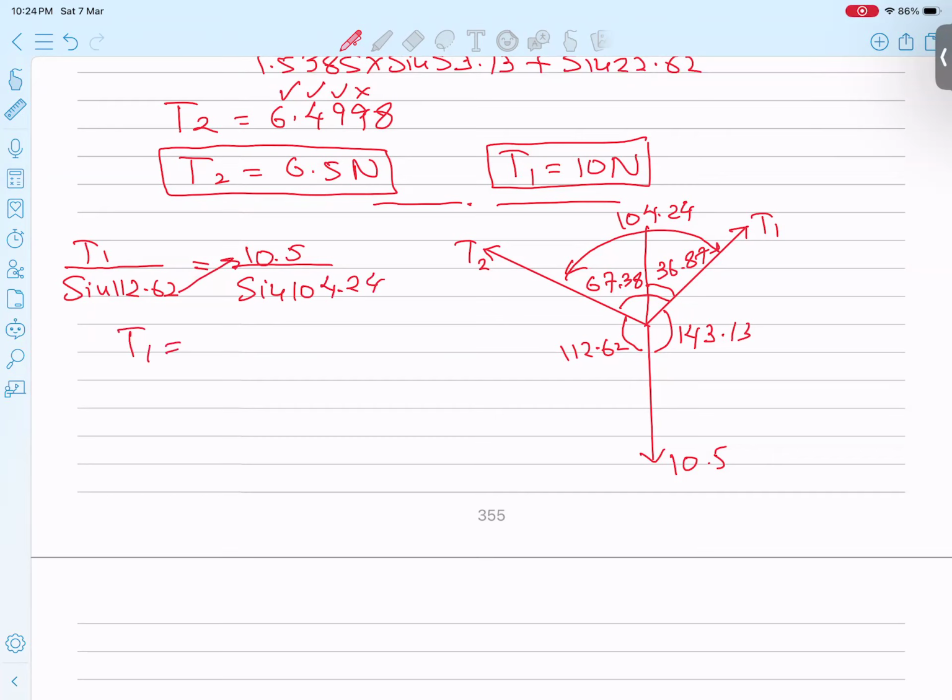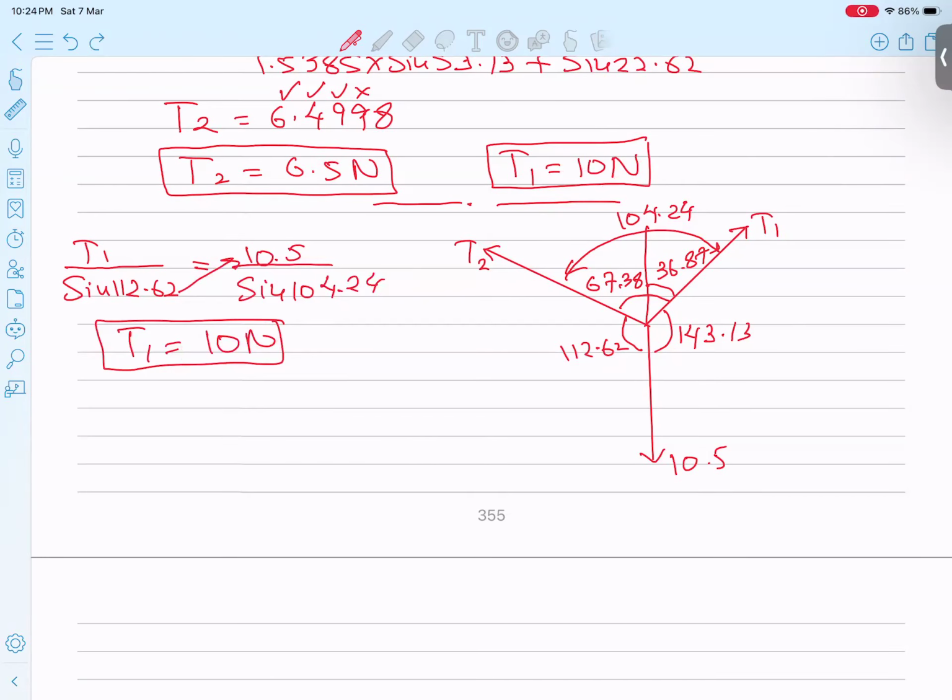Look, I'm typing here sine of 112.62, what answer times 10.5, and that answer divided by sine of 104.24, and my answer turns out to be 10 newtons. You see, students, it matches with that.